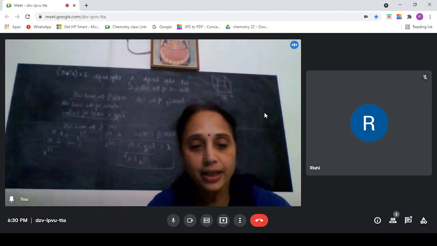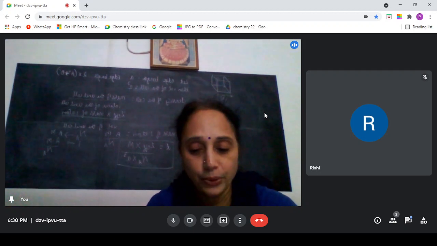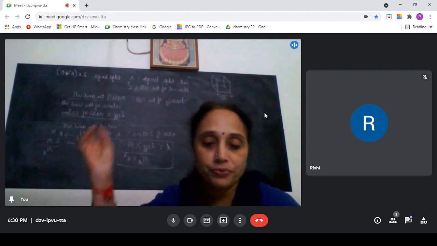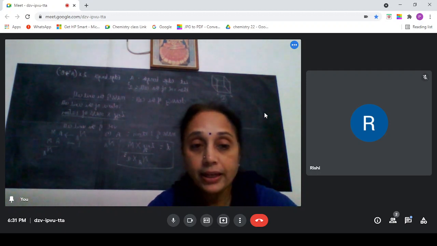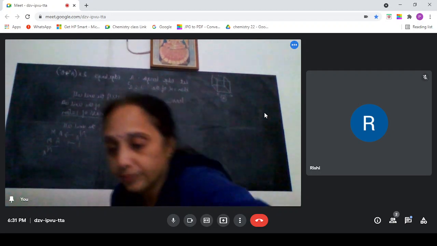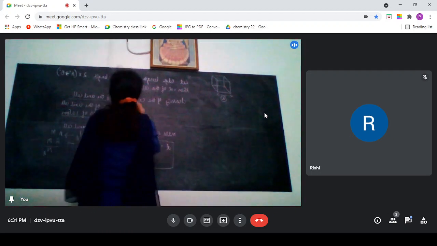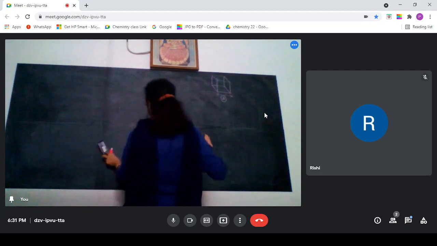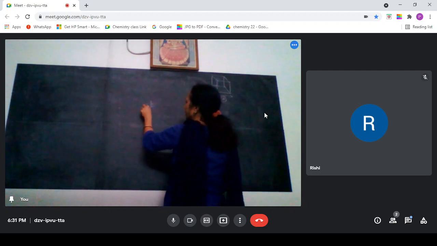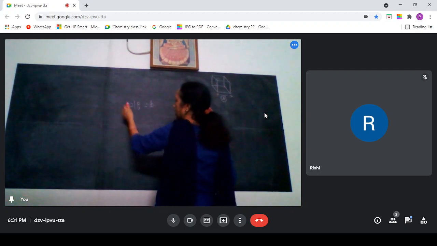Do it. First take the calculator. Start doing it. First, the volume of the unit cell. The edge is 288 picometer. Convert it into meter, then into centimeter, because density is given in gram per cc, cm cubed.